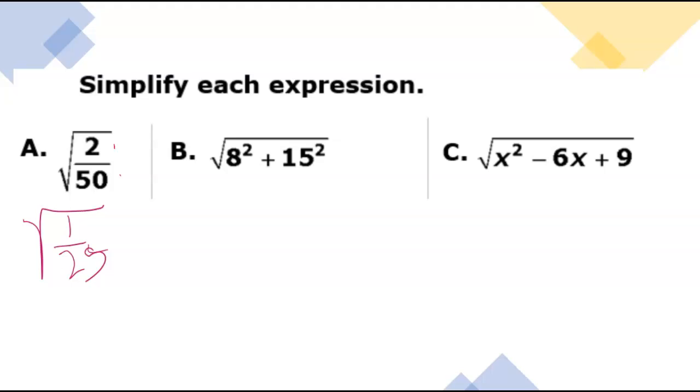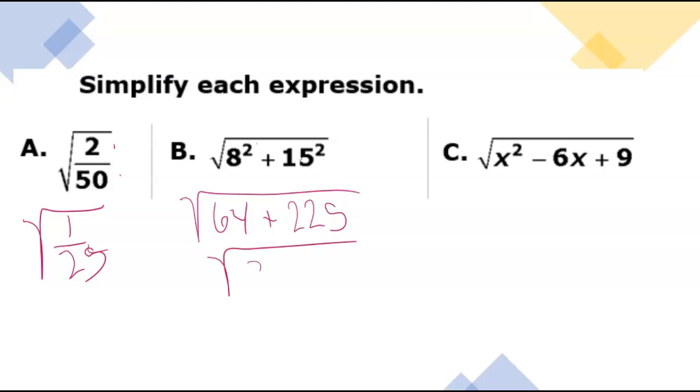Okay, and here, when we look at this, what's the operation? 8 squared plus 15 squared. 8 squared is 64. 15 squared is 225. 64 plus 225 is 289, right? What's the square root of 289? 17.